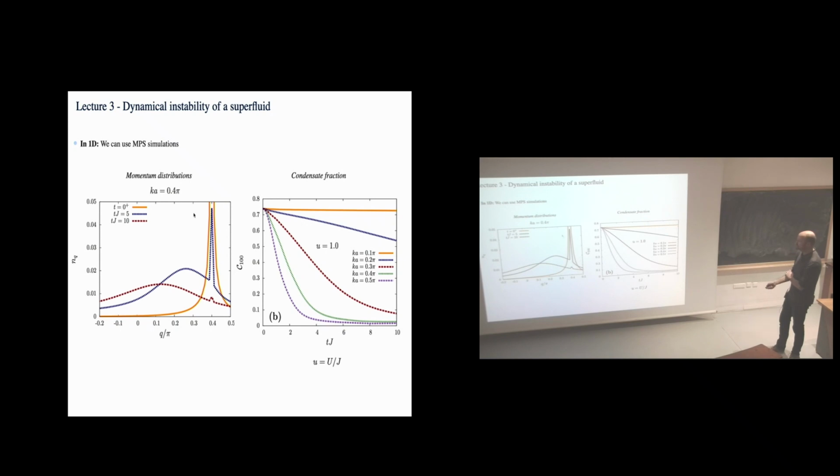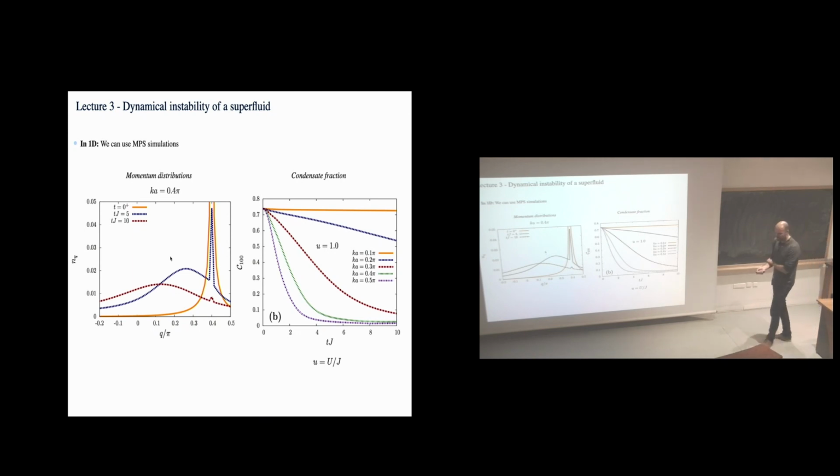Now I shifted this momentum mode from 0 to 0.4, exactly as in the GP simulation that I had done before. And this is a fully exact 1D calculation. I see that my condensate gets destroyed because particles go out of this condensate mode and go to something much broader at long times. This is for different times, T J equals 5 or T J equals 10.